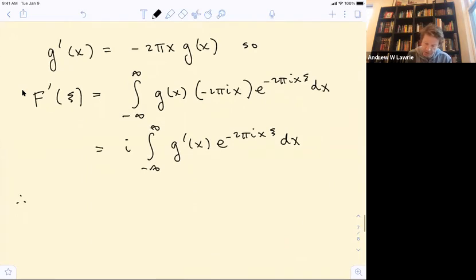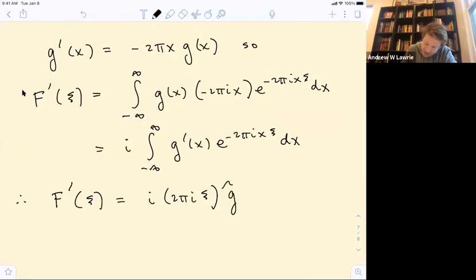So F prime of c is equal to this. Therefore, capital F prime of c is equal to i times 2 pi i c times g hat of c, right, because the Fourier transform of the derivative is just 2 pi i times c times the Fourier transform of the function. This is equal to minus, now the i's cancel, so it's 2 pi c times F of c.